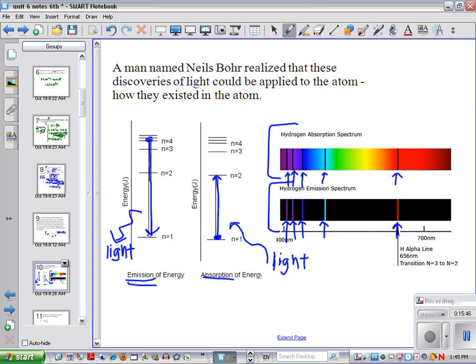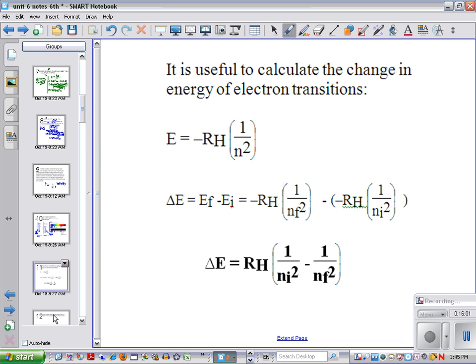So there's a difference between emission spectra and absorption spectra. It has to do with whether energy is being released by the electron falling or energy is being absorbed as the electron jumps up into higher energy levels. This leads us to the Rydberg equation.